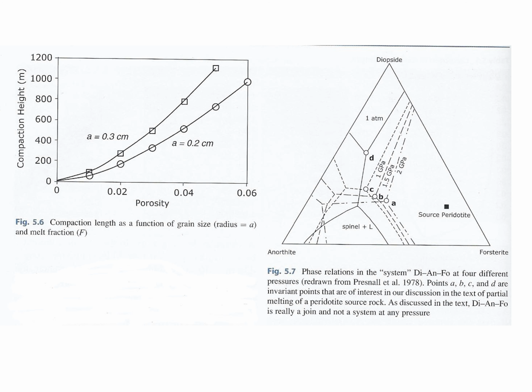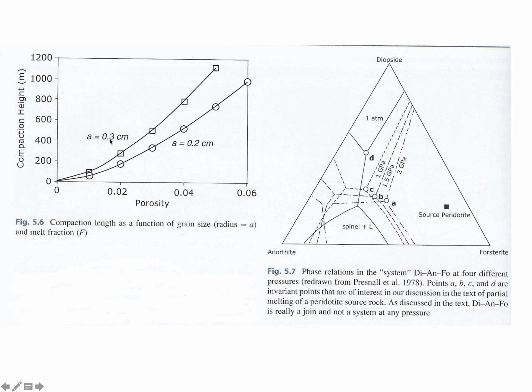So on the left hand we have compaction length as a function of grain size. Here we have the compaction height in meters, 0 to 1200, and here we have the porosity in our rock. That A is the grain size.